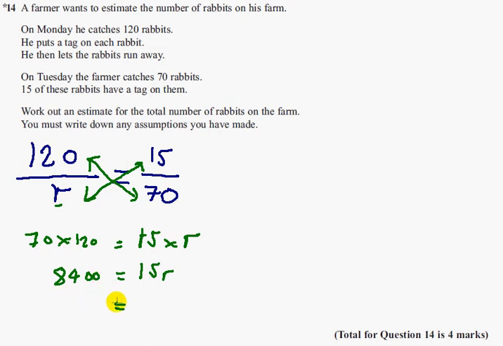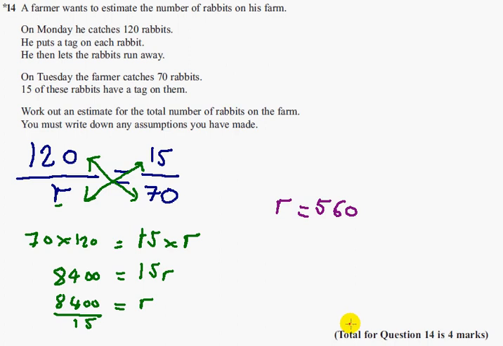So R is going to be 8,400 divided by 15, and let's write this out then. So R is going to equal 8,400 divided by 15, which is 560. And I believe that is the final answer.